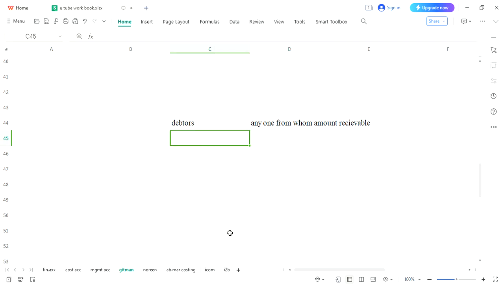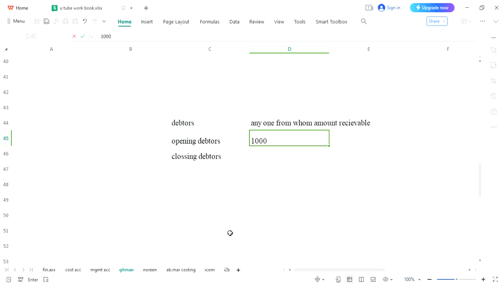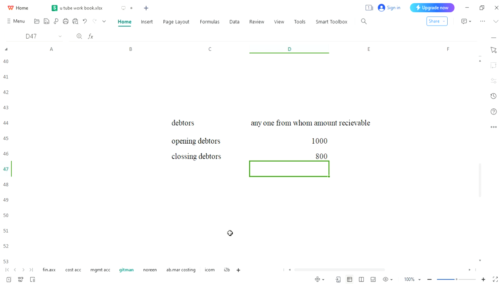And you have the concept, we may have opening debtors at the start and we may have closing debtors at the end of the period. So you will let me know whether cash in hand is increasing or decreasing. Say at the start you were having debtors of 1000, at the end of the period you have only 800 worth of debtors.